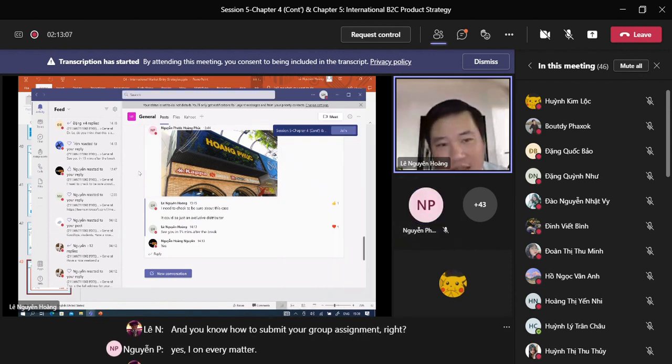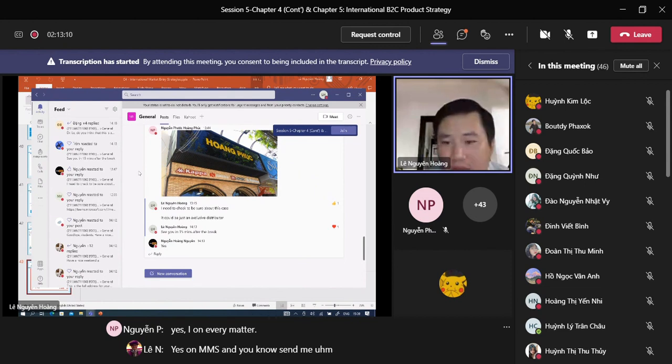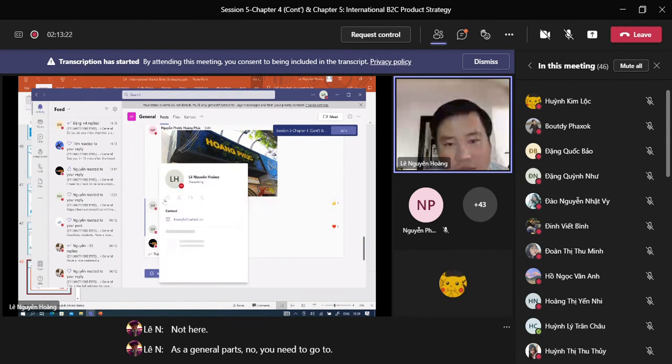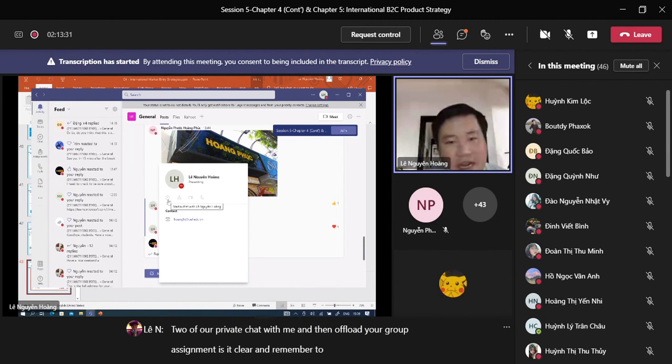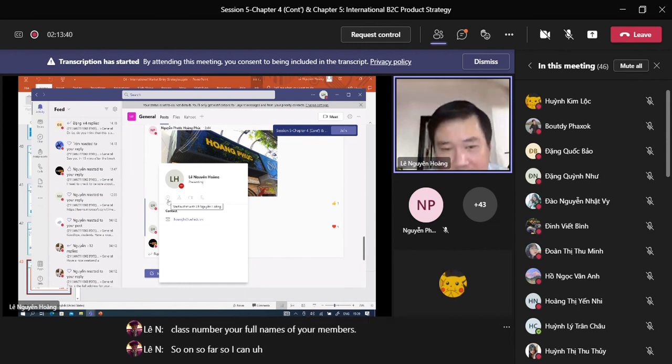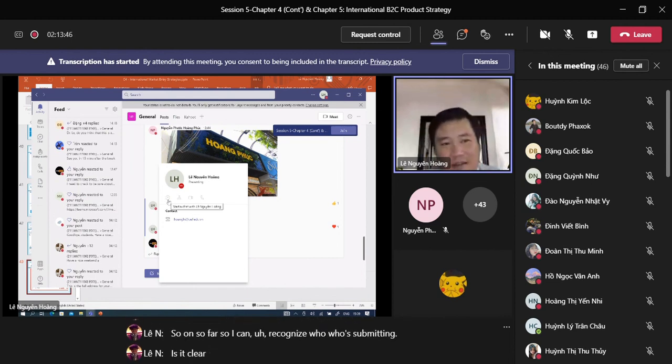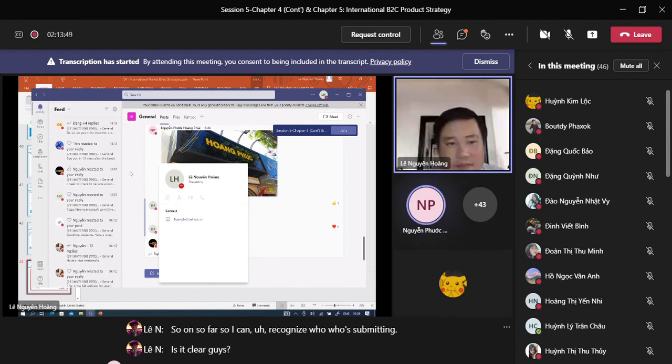Send me your assignment privately, not here as a general post. You need to go to a private chat with me and then upload your group assignment. Is it clear? And remember to write down your class number and the full names of your members, so I can recognize who is submitting. Is it clear, guys? Yes, it's clear. Okay.